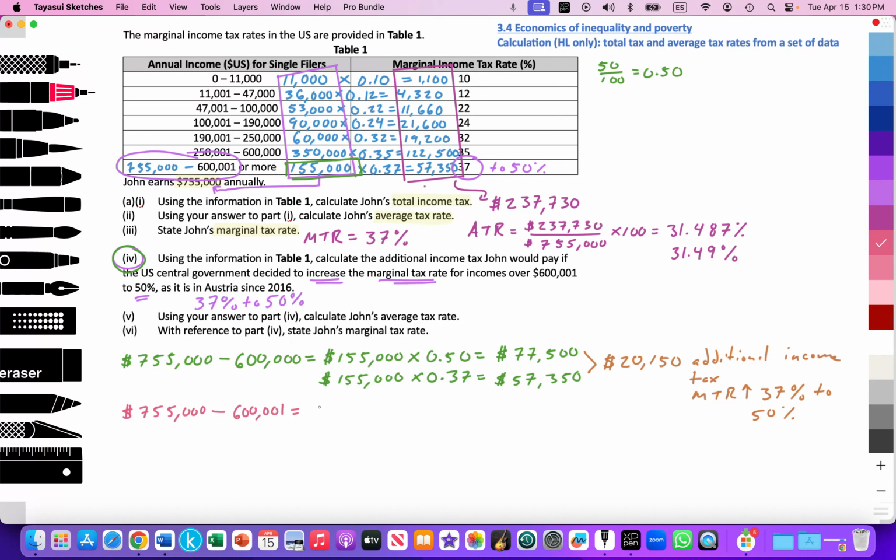That's fine. What you're going to get is 154,999 times 0.50, and that's going to equal 77,499.50.